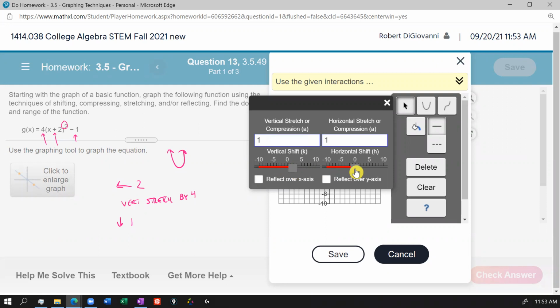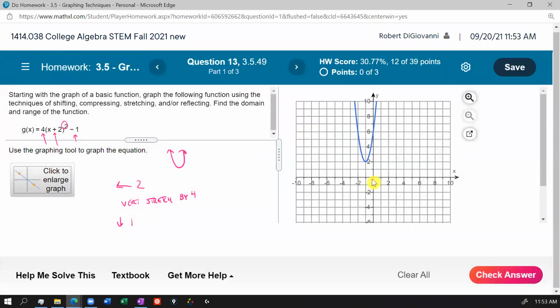Let's see what this does. Up and down, we're going to go down 1. And we're going to stretch by 4. Let's see what this does.